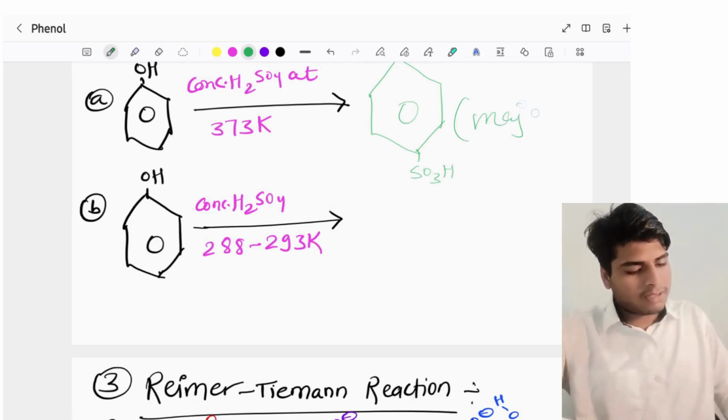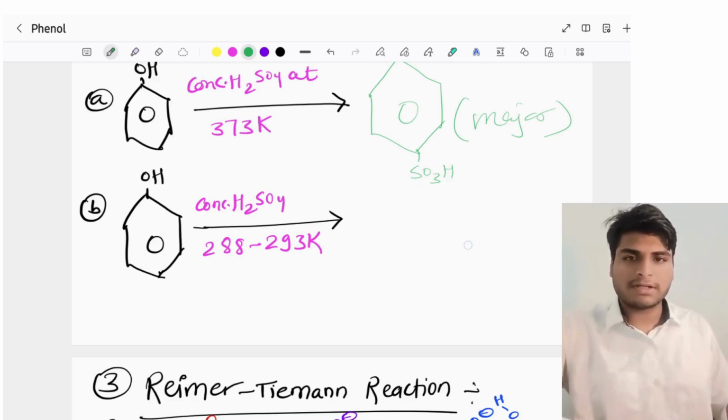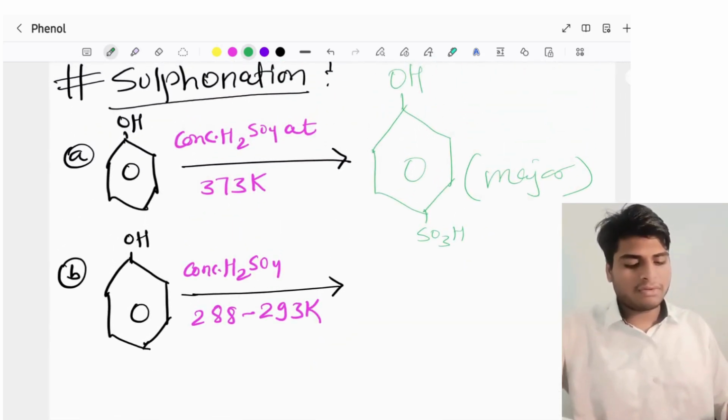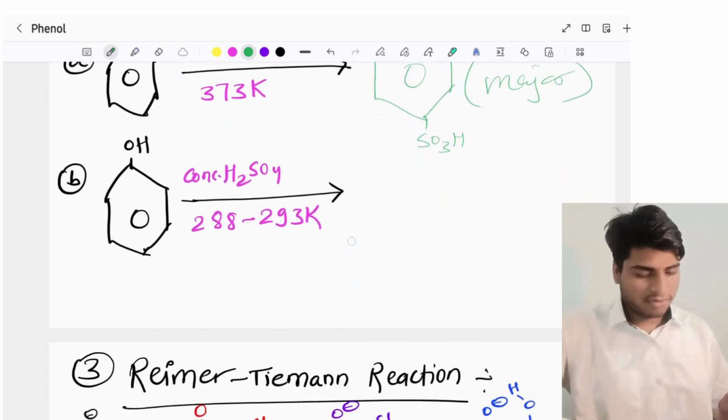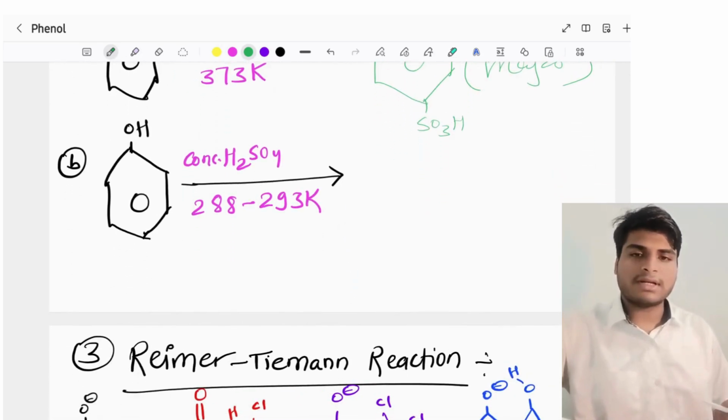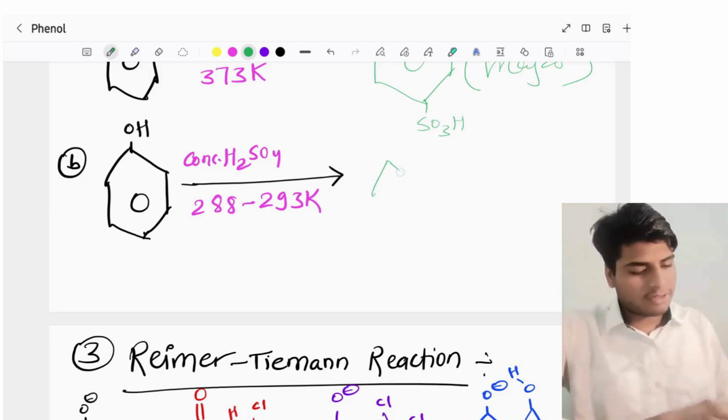This will be the major product while the temperature is 373 Kelvin. And when phenol is treated with conc H2SO4 at the temperature of 288 to 293 Kelvin, the major product will be this.